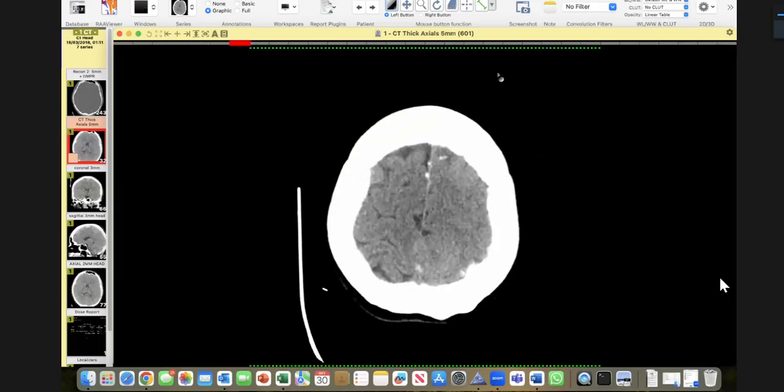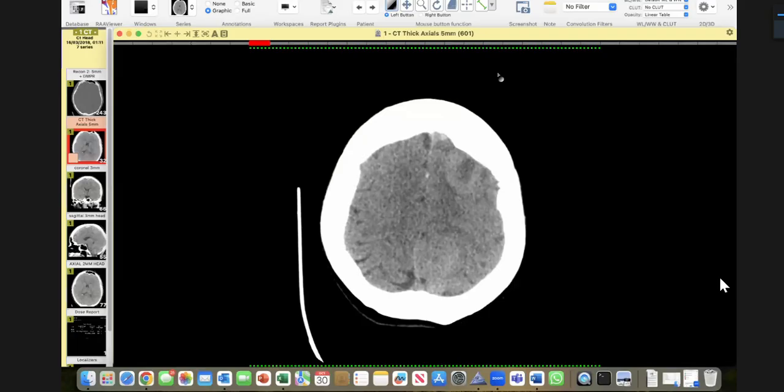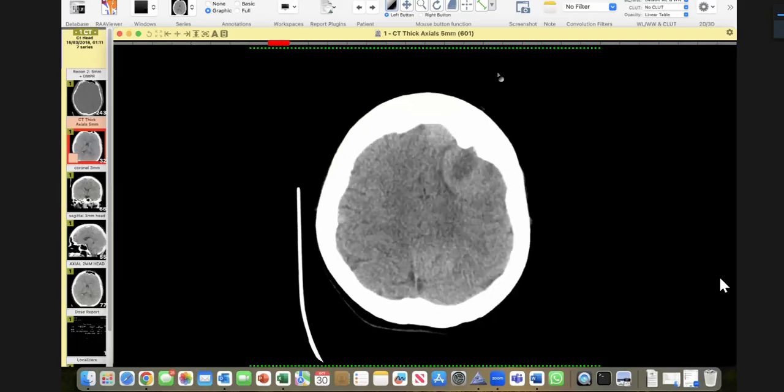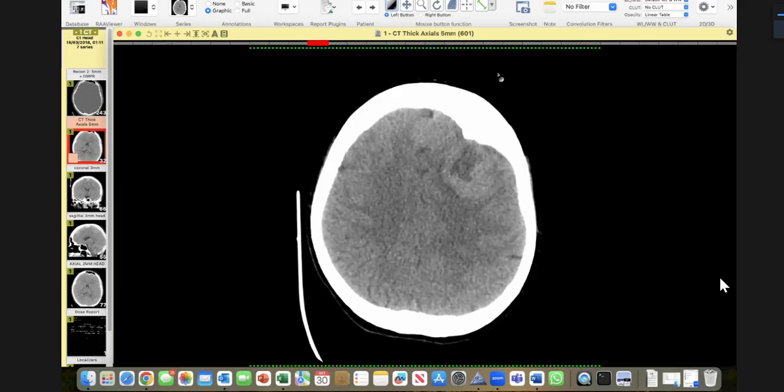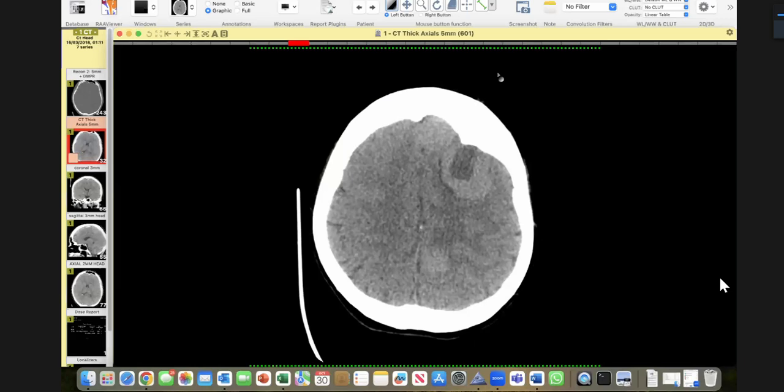I've been presented with CT head, non-contrast, demonstrating few hyperdense areas in the left cerebral hemisphere with central hypodensities. The left-sided sulci and gyri are effaced, raising concerns for left-sided edema.